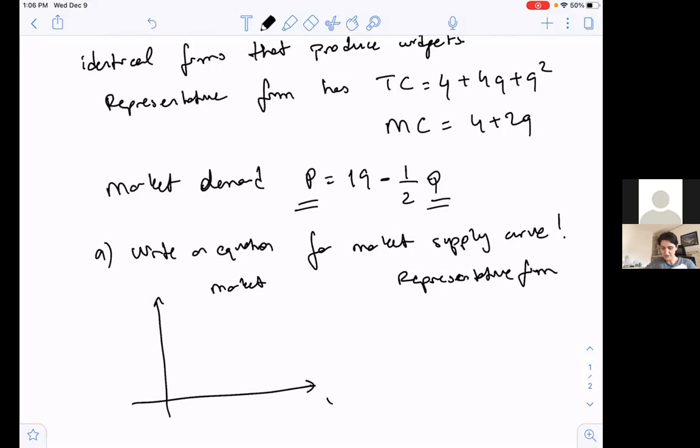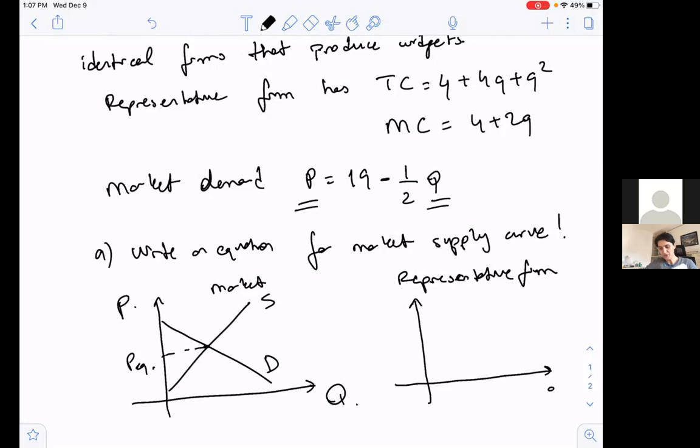For the market, we have demand and supply. According to demand and supply curves, equilibrium price is determined. And for the representative firm, we have cost functions, so we have average total cost and marginal cost, etc. Then what does the representative firm do?